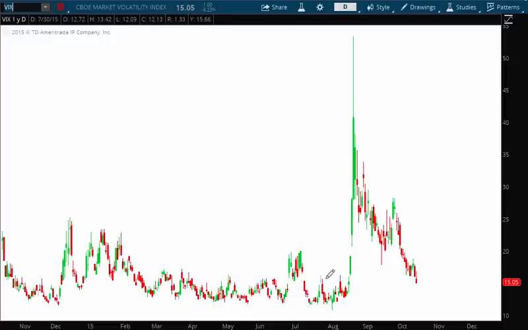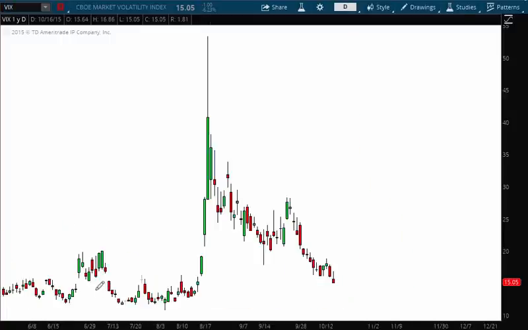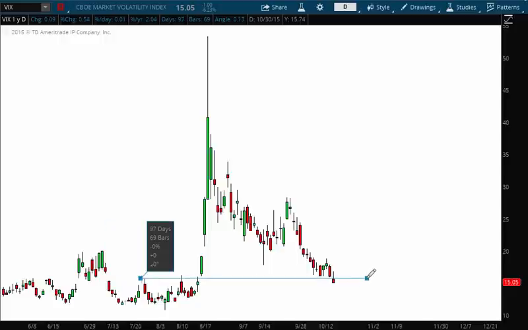We're now at a key role reversal line. I'll zoom in here for you so you can see what that looks like. Former resistance here and here, when I draw a line connecting those two and going straight across. If I extend that out, you'll see that we are right at that role reversal line, which will most likely act as a support level.